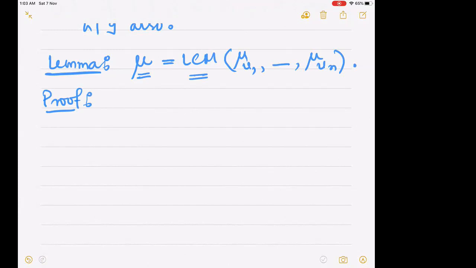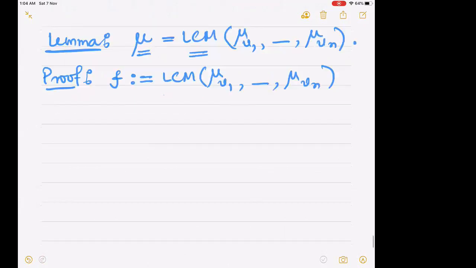So first, we are going to notice the fact that, let us try and do the following. First, it would be worthwhile to define something. Let's define f to be equal to the LCM of mu_v1 up to mu_vn, right?